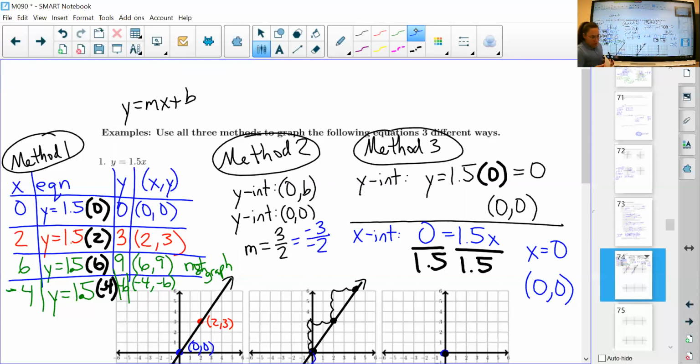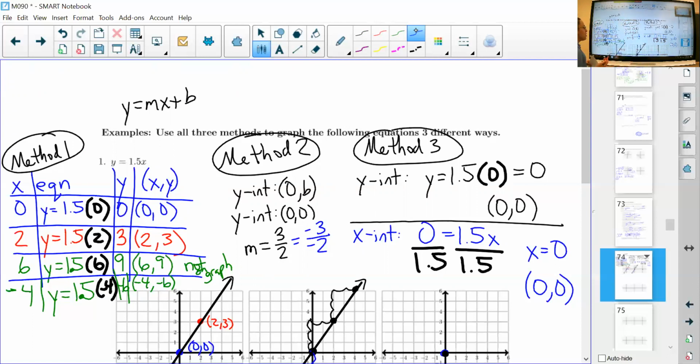So the only thing that I can do from here is either throw my hands in the air and just give up, or I can go back to a different method, say method 2 and use my slope, or method 1 and use my table. So once we've gotten to here, we know it goes through here. We don't have enough information.